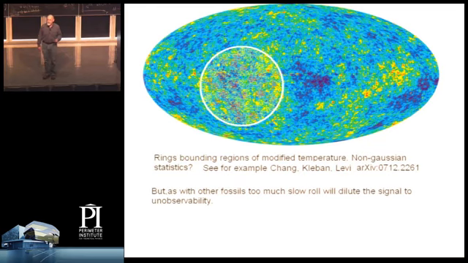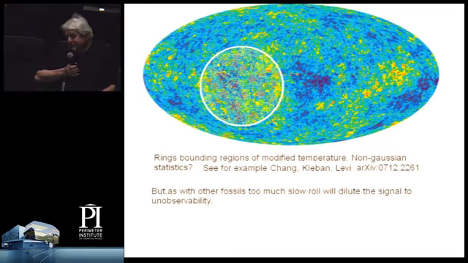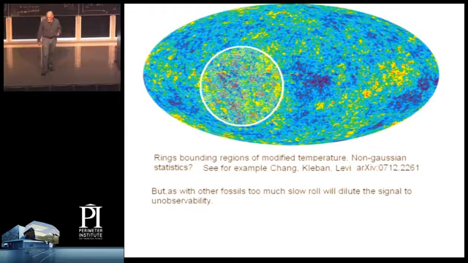Historically, inflation was introduced to solve the fine-tuning problem of the old Big Bang model. Do you feel that inflation has caused us to make much progress? Has inflation helped the fine-tuning problem? I think it substituted one fine-tuning for another.